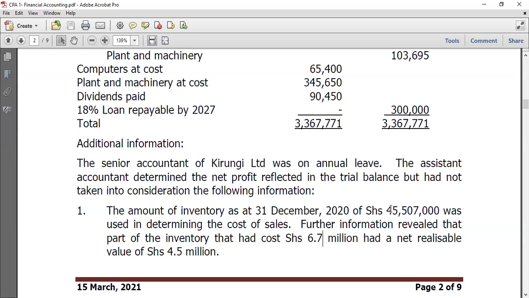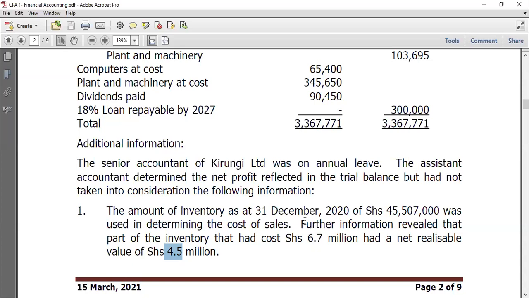So I'll take the 45,507,000, first remove the 6.7 million and then add the 4.5. This is less the 6.7 and add the 4.5. I'm removing the 6.7 because my inventory is no longer at 6.7, but rather 4.5.